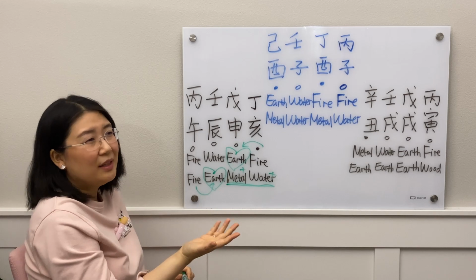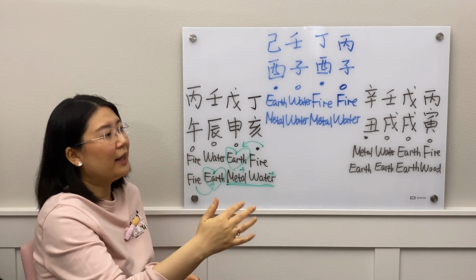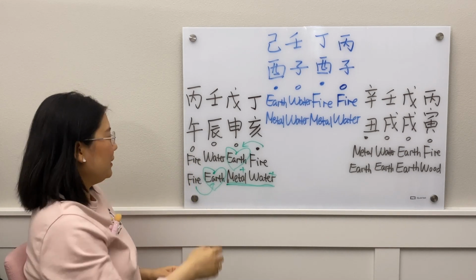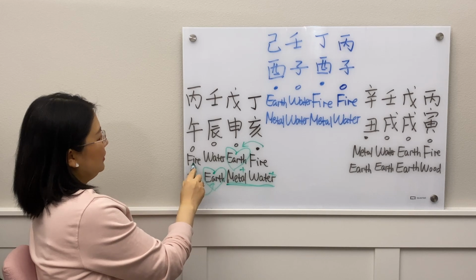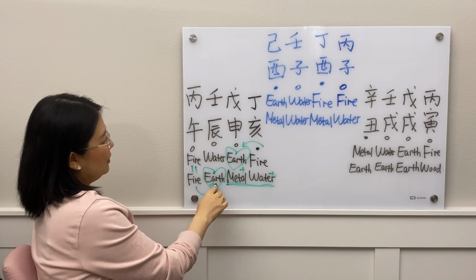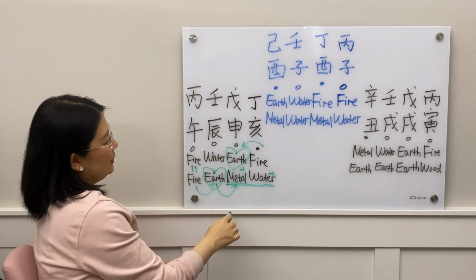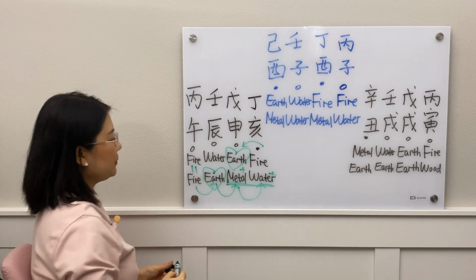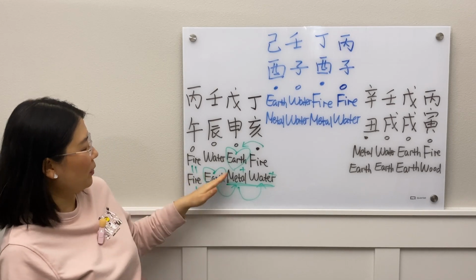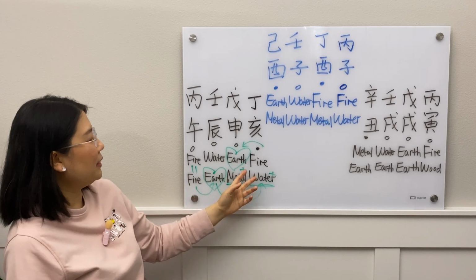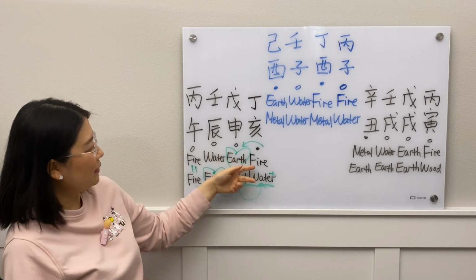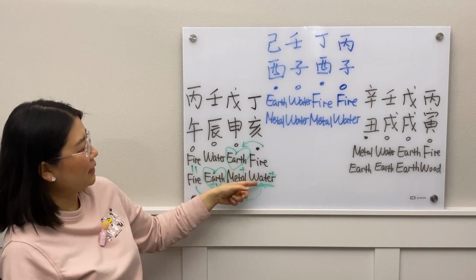On top of it, the flowing of the energy is good. What I mean by that is you have fire together, and fire grows earth, earth grows metal, metal grows water. So it's a very organic flow rather than too many enemies sitting together.